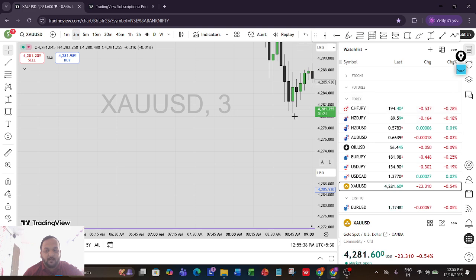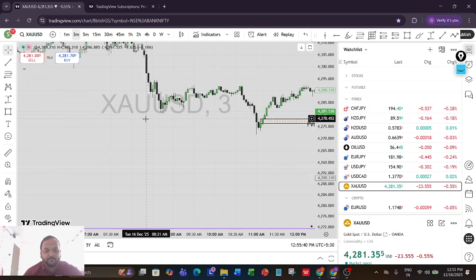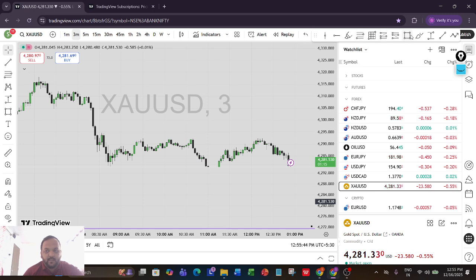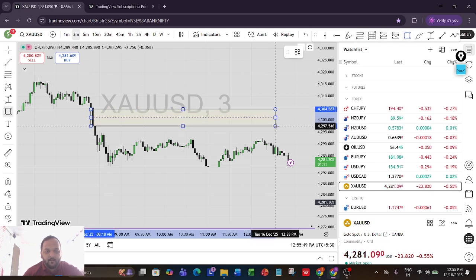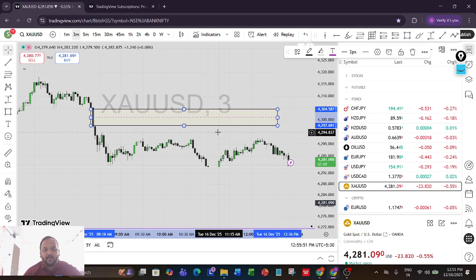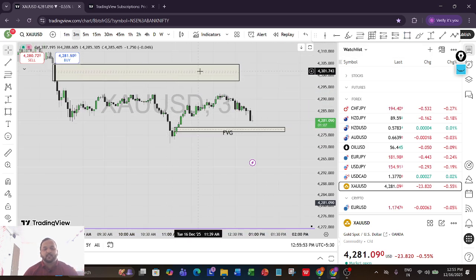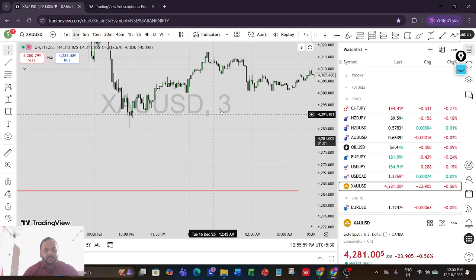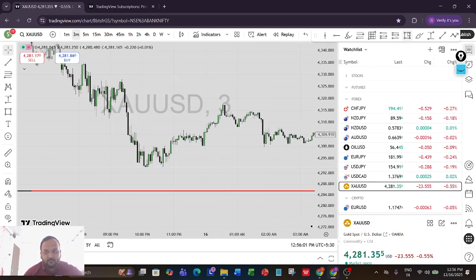I will show more examples about fair value gap. So see, this is one bearish fair value gap here. Always the market reacts to this, and we just plan an entry at the fair value gap. And see, here is one more bearish structure fair value gap.